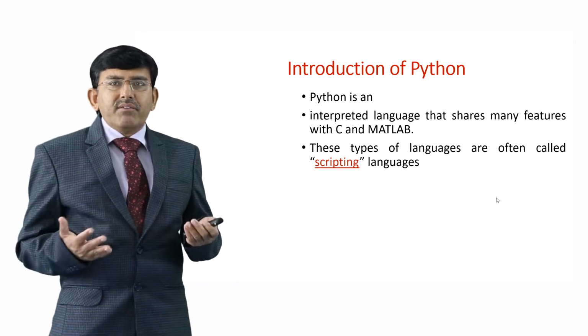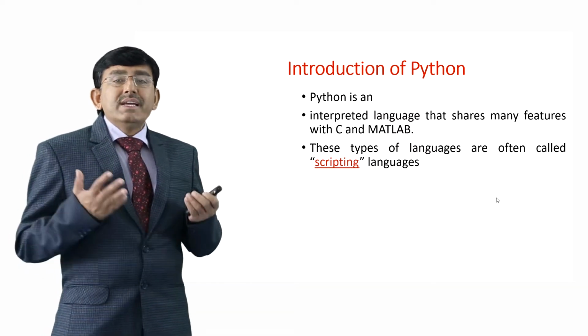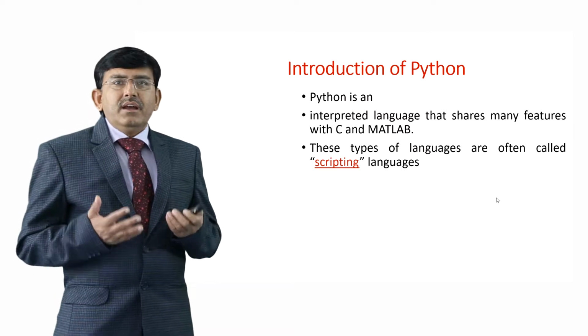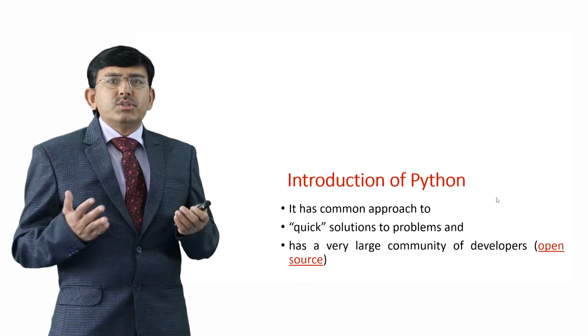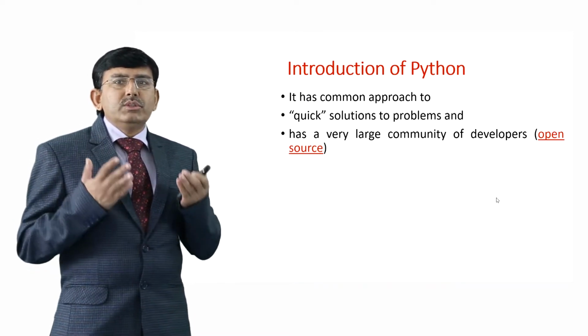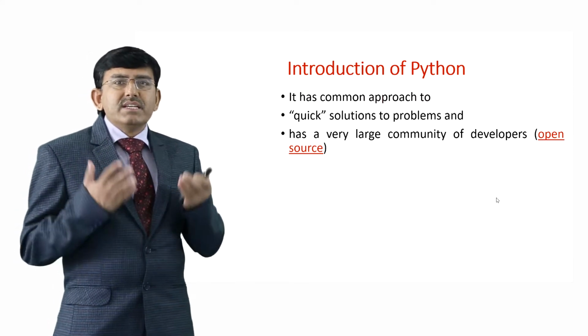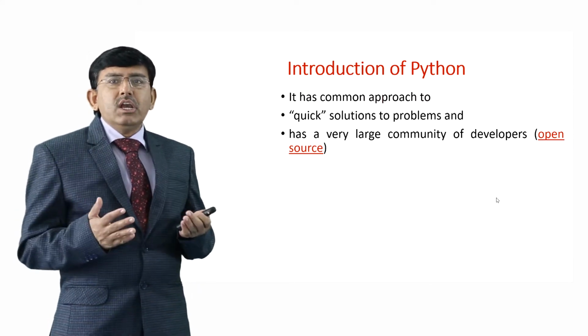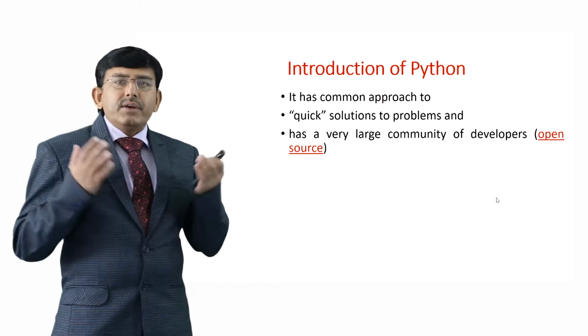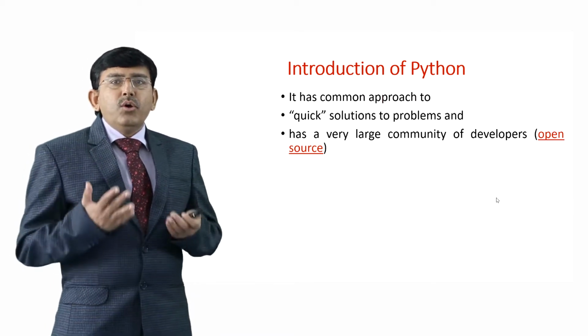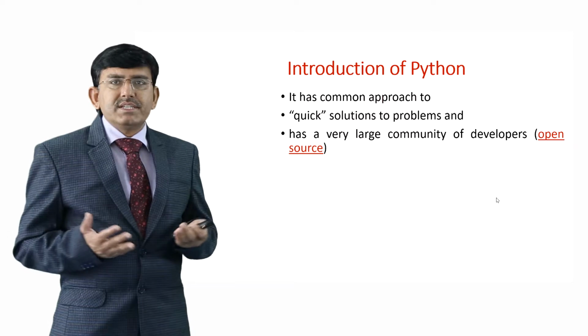These types of languages are often called scripting languages. It has a common approach to quick solutions to problems and has a very large community of developers. It is under the domain of open source programming languages.